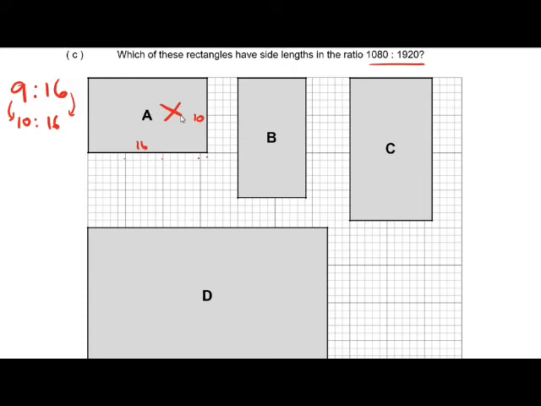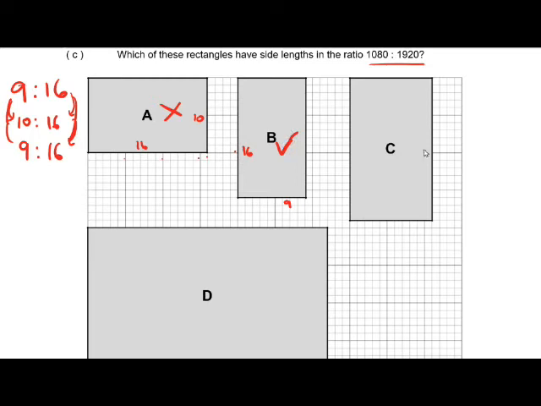Let's have a look at shape B. We have 5, 10, 15, 16 squares down, and 5, 6, 7, 8, 9 squares across. So our ratio is 16 to 9, which matches up to our original. So shape B is in the ratio of 1080 to 1920.